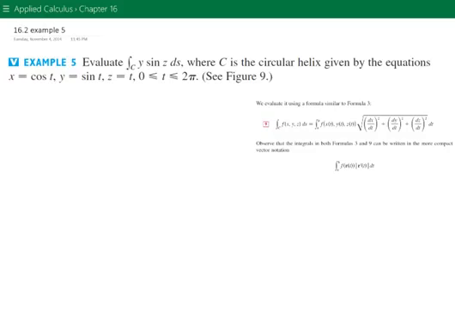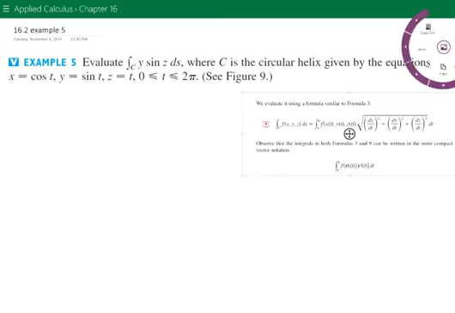In this case, we're going to be using equation 9 from the book, which tells us that if we're going to integrate a function in terms of some variables along a curve, we can put the function in terms of x, y, and z that have been parameterized for t, and then we have our familiar square root, which is our arc length.